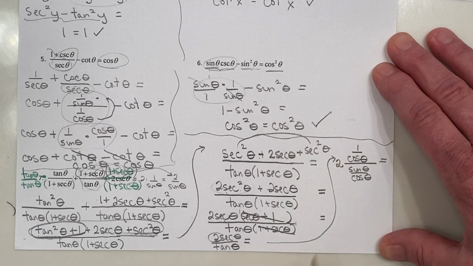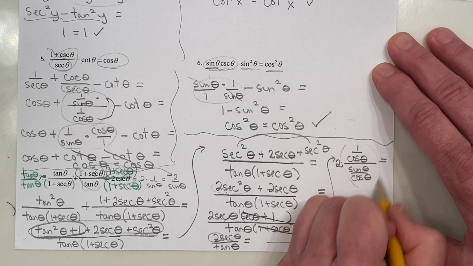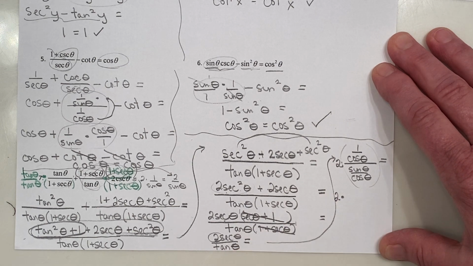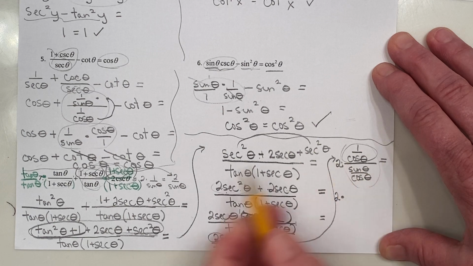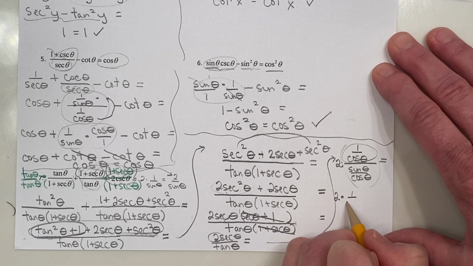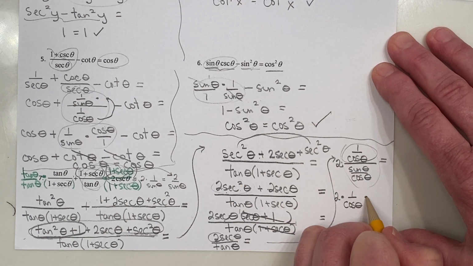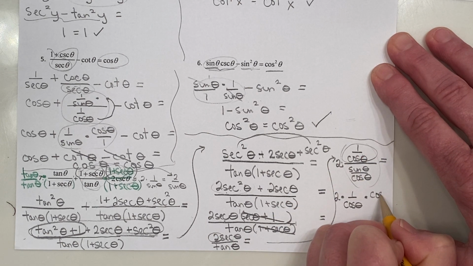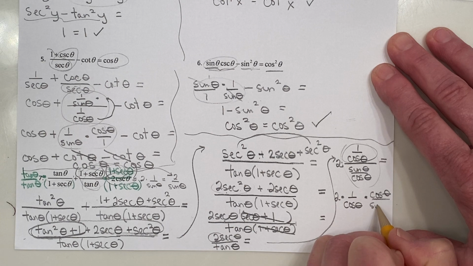Here's my new equals. This is just saying 2 times this. I don't want to mess with the 2 just yet. So 2 times what? Well, multiply by the reciprocal. So 2 times 1 over cosine theta times, now change it to cosine theta over sine theta.